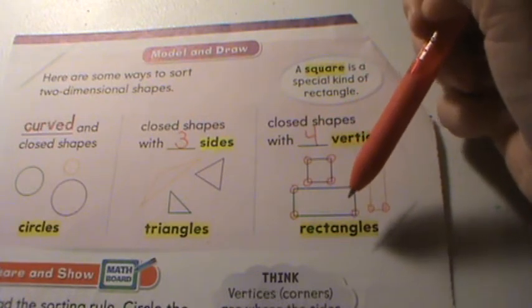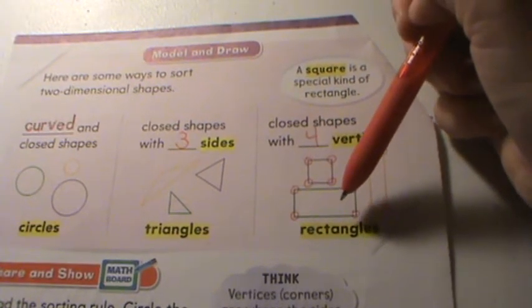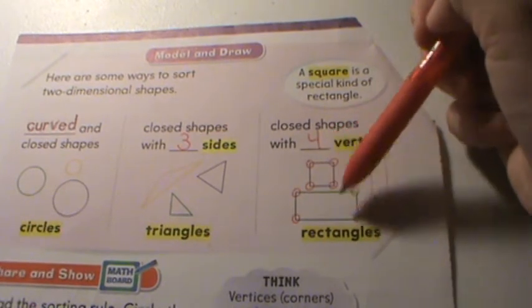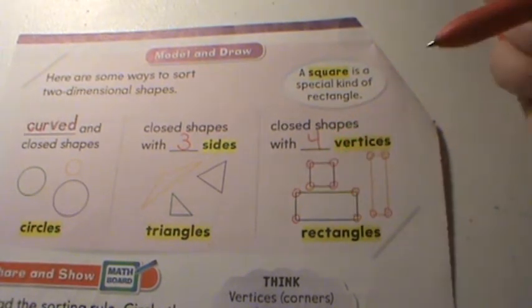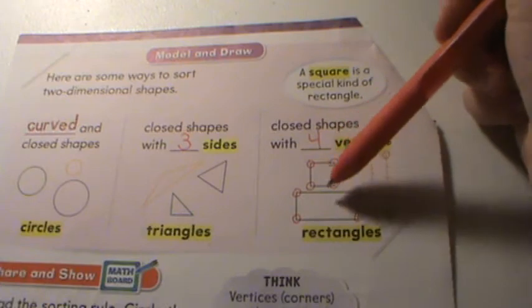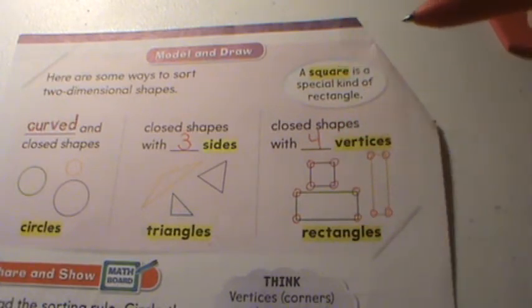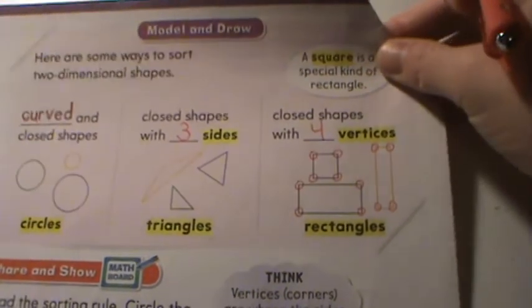Rectangles do not have to have equal sides. So a square fits the rules of a rectangle, but because all 4 sides are equal, we give it a special name, which is a square. So it's a special kind of rectangle.